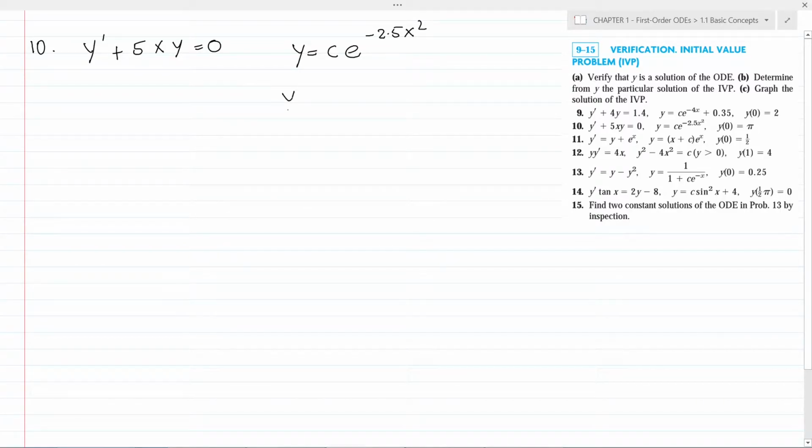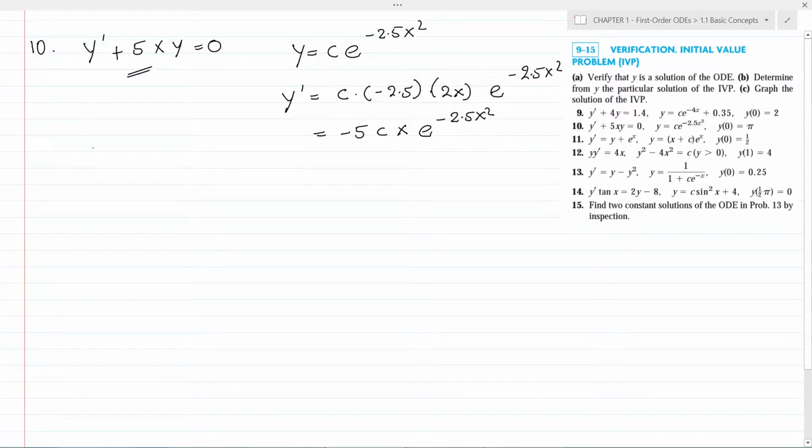We will determine y dash from the general solution, which will be c multiplied by minus 2.5 multiplied by derivative of x square, which is 2x multiplied by e to the power minus 2.5 x square, which is equal to, we multiply minus 2.5 with minus 2 and we get minus 5 c x e to the power minus 2.5 x square.